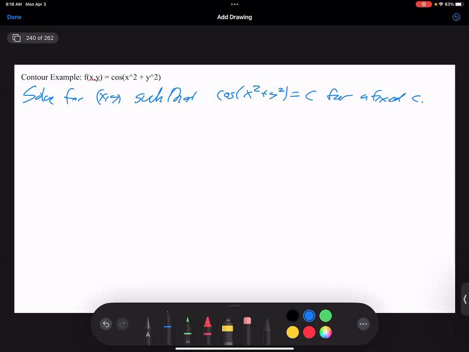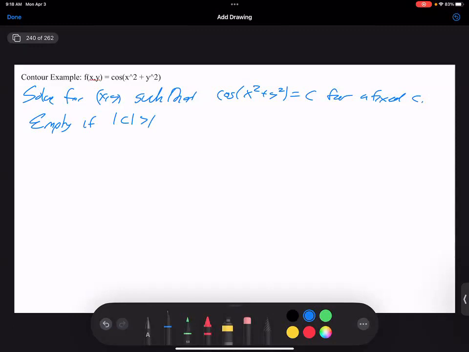Nothing. So we know it's empty if the absolute value of c is greater than 1. It's really easy to analyze the level set when c is greater than 1 in absolute value because we know cosine lives between -1 and 1. As soon as we are stuck with c between -1 and 1, now it becomes a lot more work.